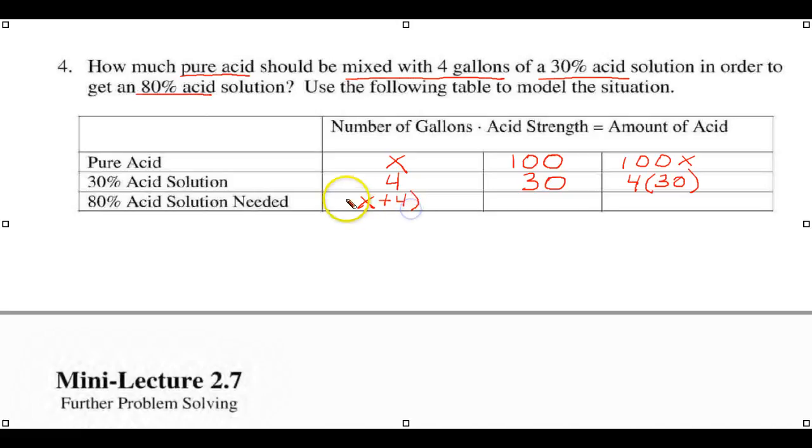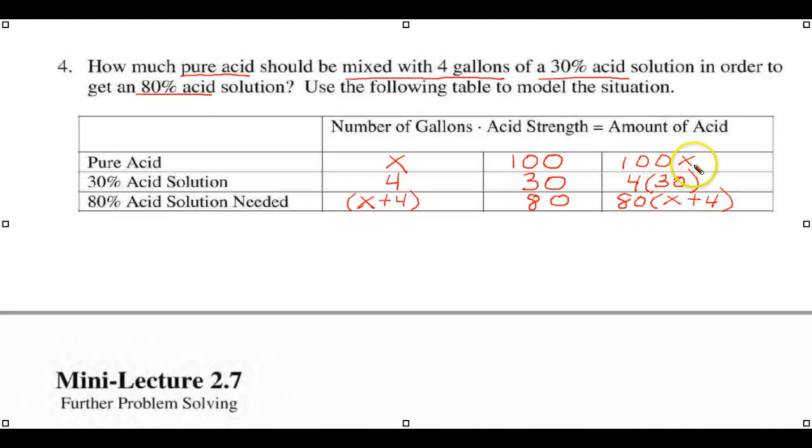And we put that in parentheses to indicate it's a sum. Now, what will the strength be? 80. And how much will you have when you finish? Well, you're going to have 80 times (X plus 4).